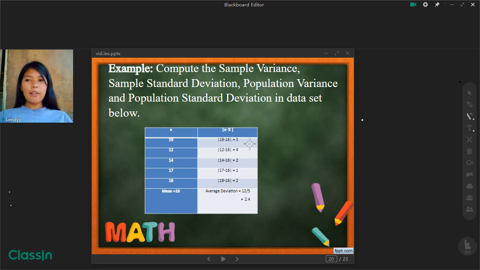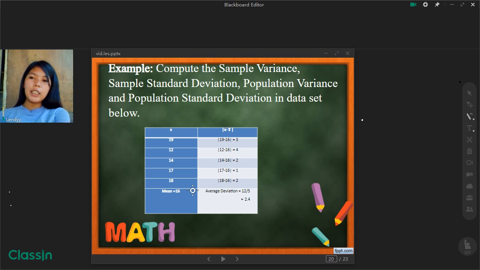So we have our example. Compute the sample variance and sample standard deviation and population variance and population standard deviation in the data set below. This one is our data set that we have solved earlier for our average deviation and for our mean.